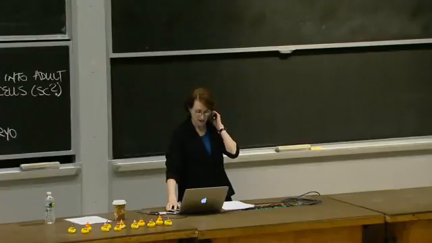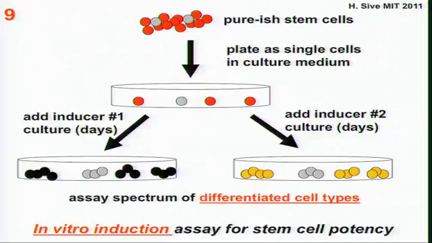Okay, here's another assay. This is an in vitro induction assay. And the idea here is that you start off with something which you think might be stem cells by various criteria. And then to test what these cells can do, you put them into plastic tissue culture dishes, and you add some nutrients and so on to allow the cells to divide. And then you add some inducers.